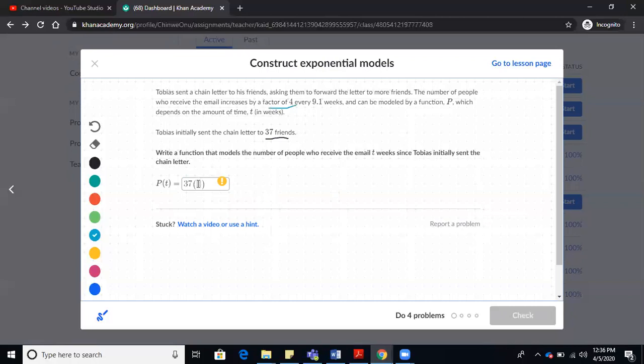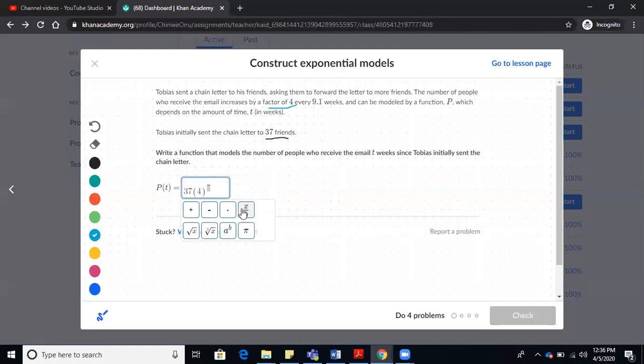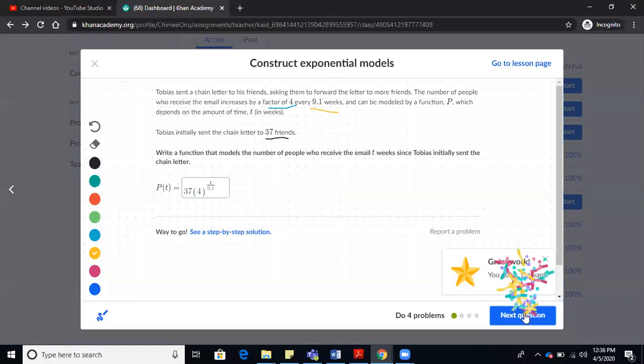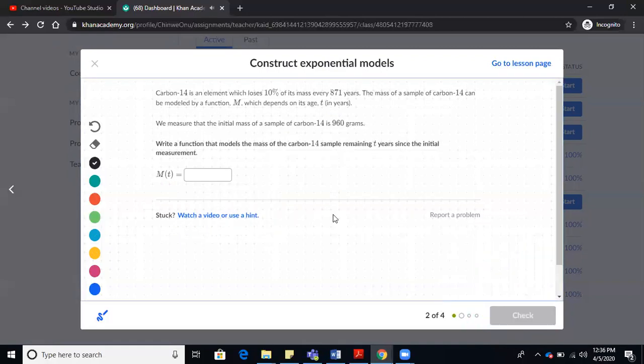That's just what you're going to put there. A factor of 4. And you're going to click this to raise it to t over something. So t, and it's telling me my interval is changing by a factor of 4 every 9.1 weeks. So 9.1. And I'm gonna do this next one for you, and that'll be it.